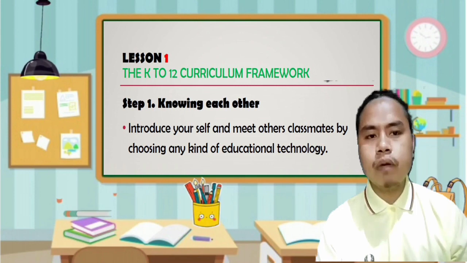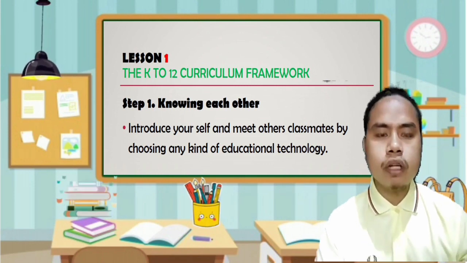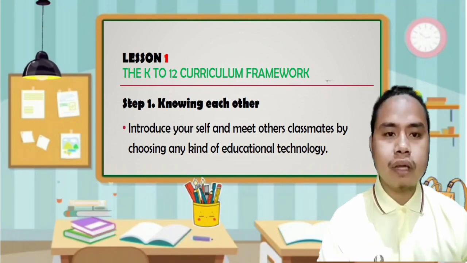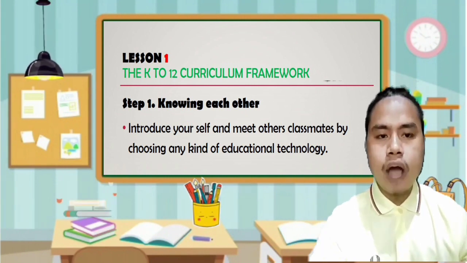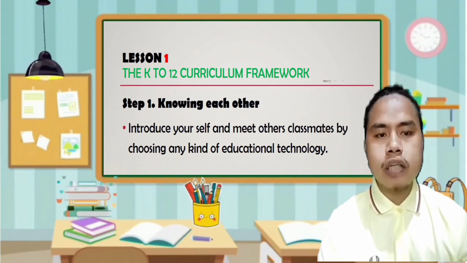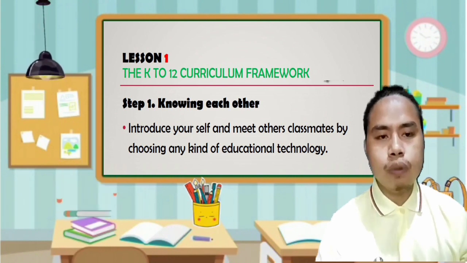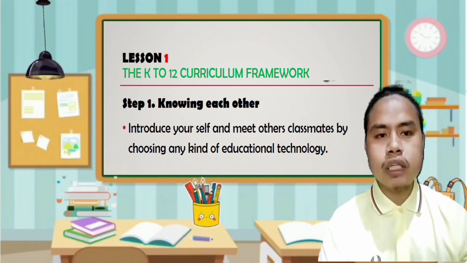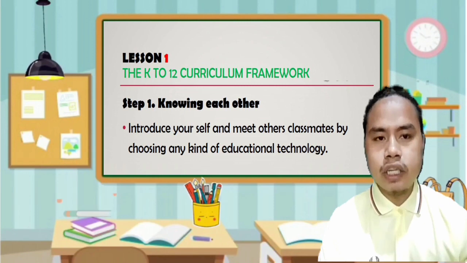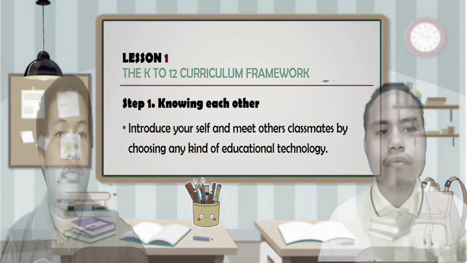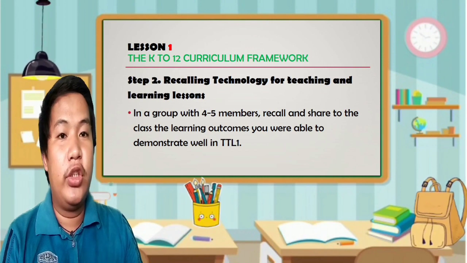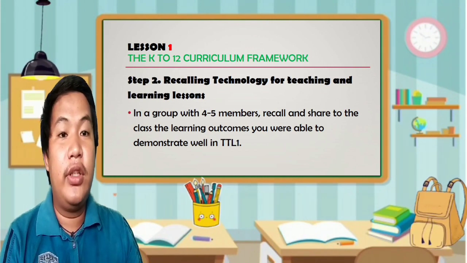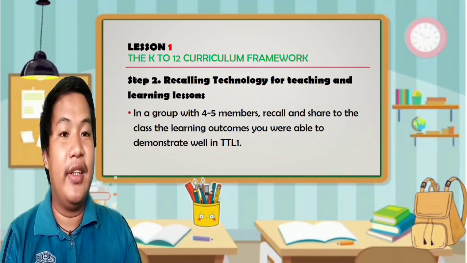The information you will get from your classmates from the activity will be valuable as you complete the module, as well as when you work with some of your classmates in succeeding modules.